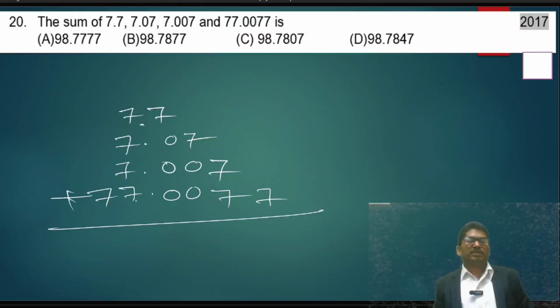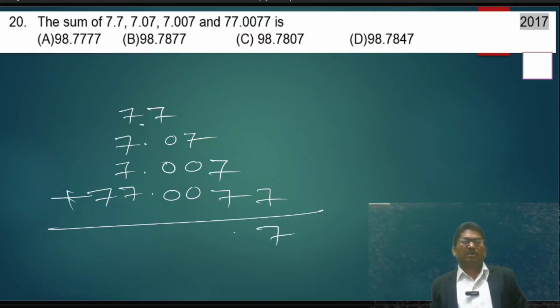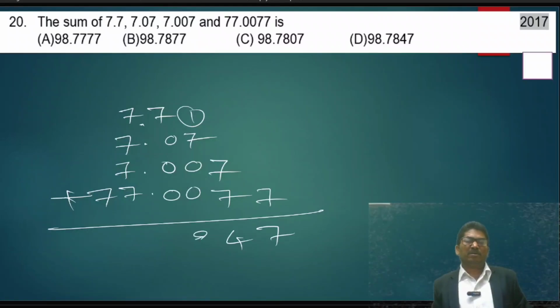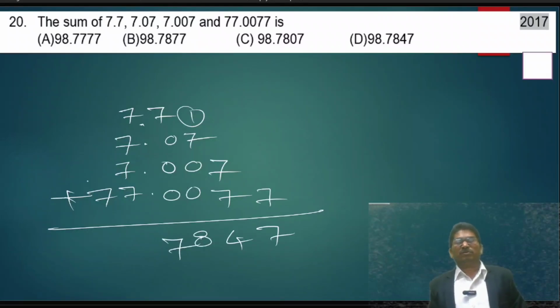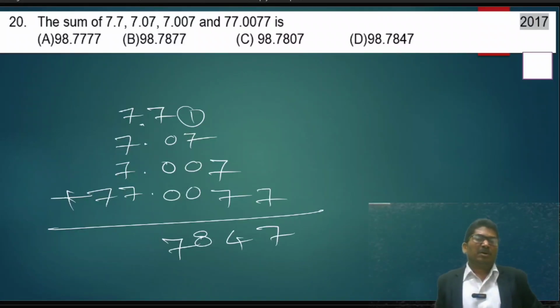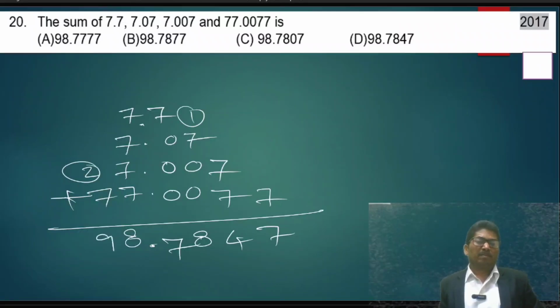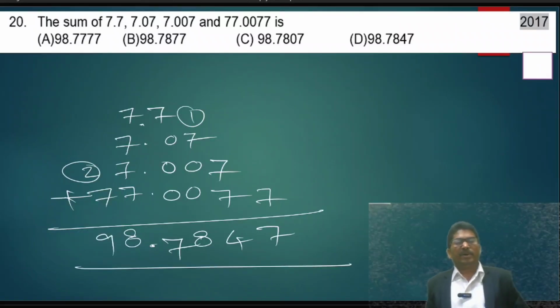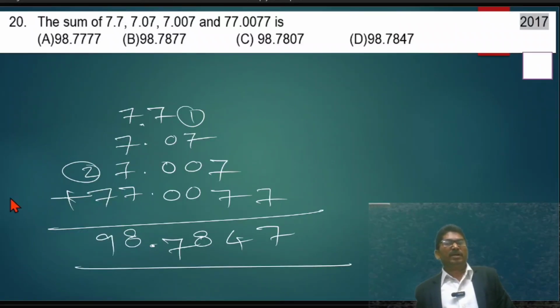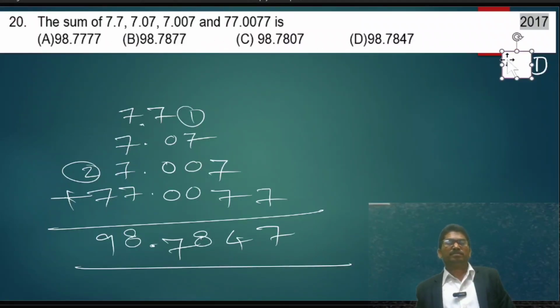So what is the answer? 7, 14, 1 carry, 8. 4 7s are 28, 2 carry, 9. 98.7847. D is the correct option.